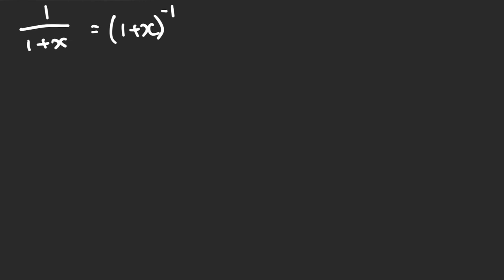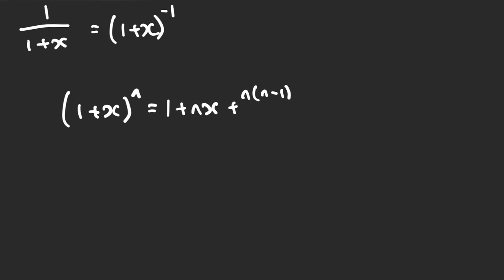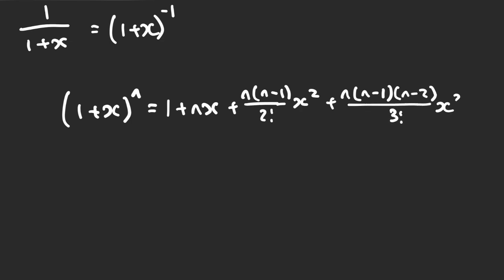Now, the form that we're going to be using is, if we have 1 plus x to the power of n, then this expanded is 1 plus nx plus n times n minus 1 over 2 factorial x squared plus n, n minus 1, n minus 2 over 3 factorial x cubed, and so on all the way off into infinity.